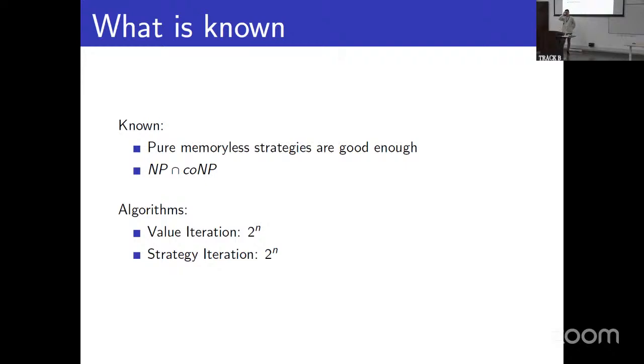How do we solve these games? Of course, in previous talks we heard how to solve them smartly, and for somewhat complicated objectives. But in general there are two ways: either strategy iteration or value iteration. In strategy iteration, we go through possibly all strategies.